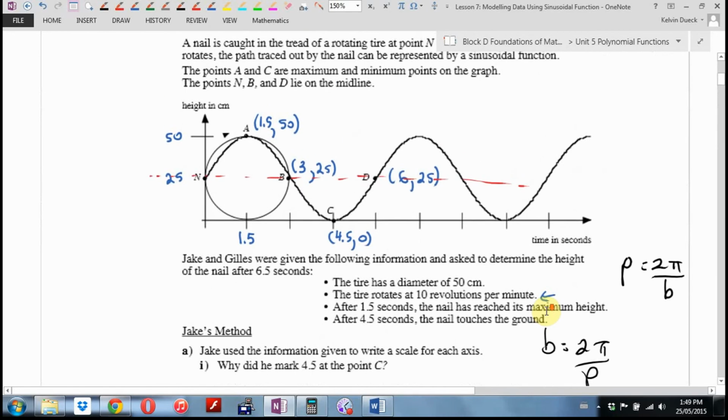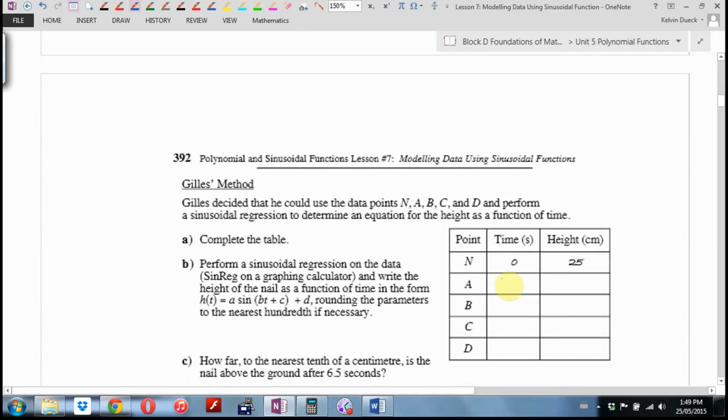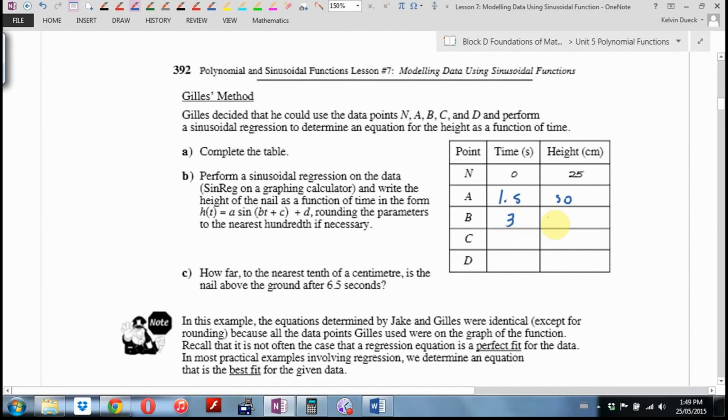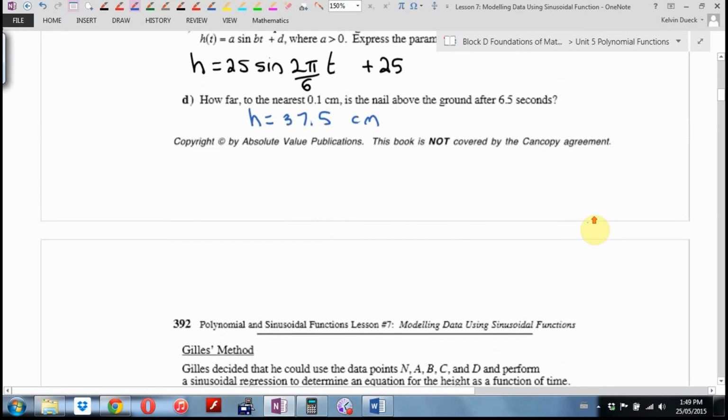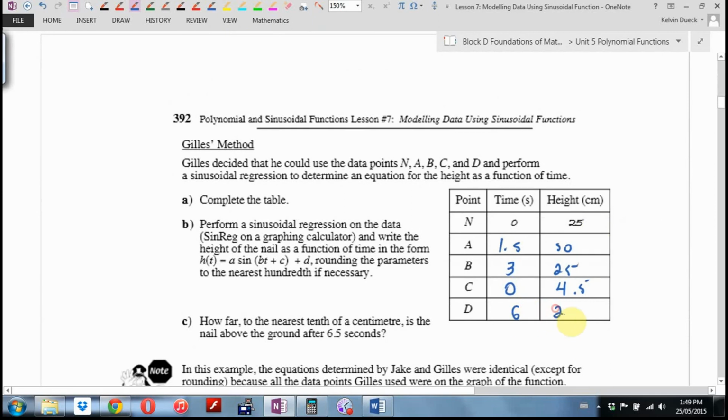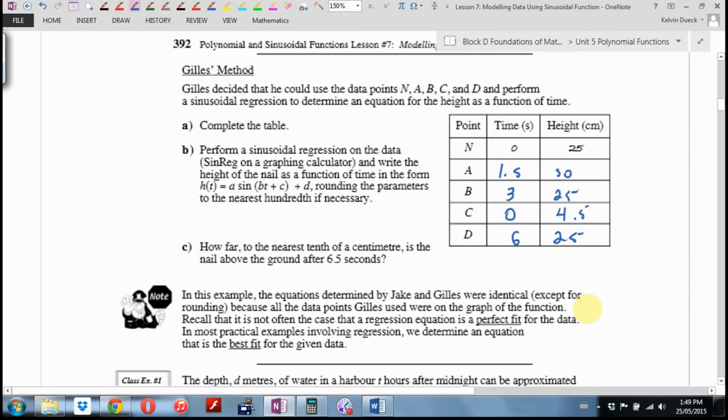A was 1.5 comma 50. B was 3 comma 25. C was 0, 4.5. Is that right, Mr. Dueck? I'm going from memory. And D was 6, 25. And that gave us almost the same equation.